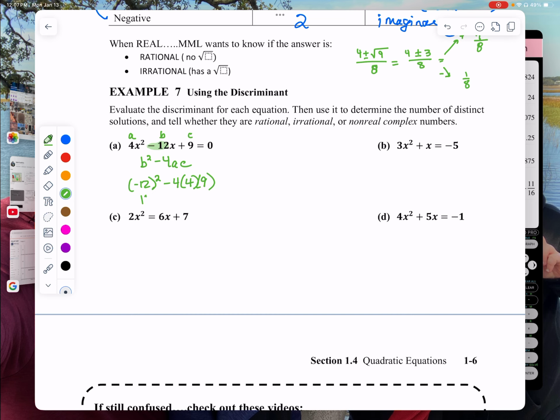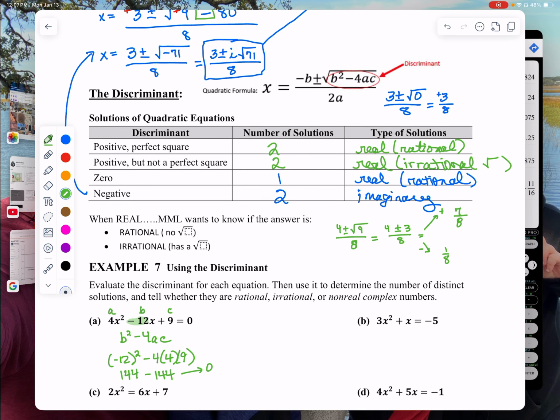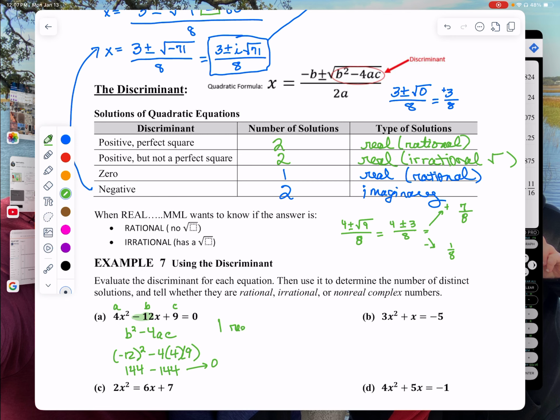That gives me 144 minus 4 times 4, which is 16, and 16 times 9 is 144 too. So 144 minus 144 is 0. That means the number underneath the square root is 0, and remember what that means? I'm only going to have one answer, and it's a real answer.